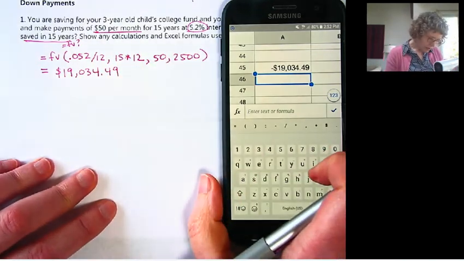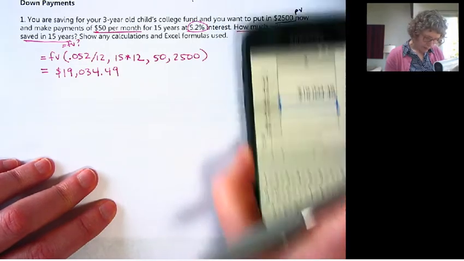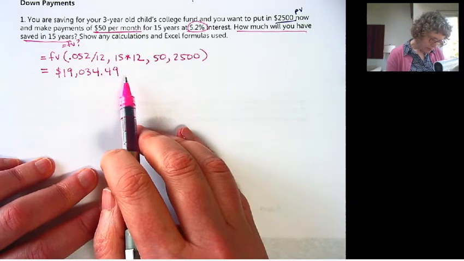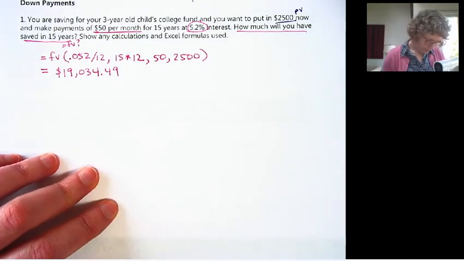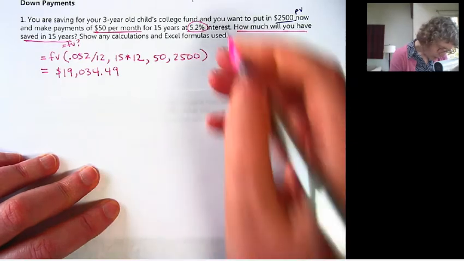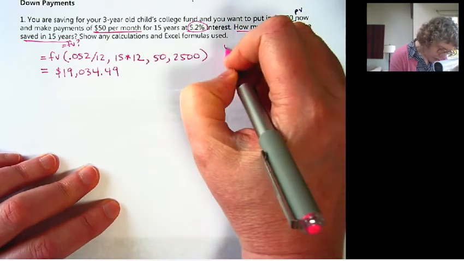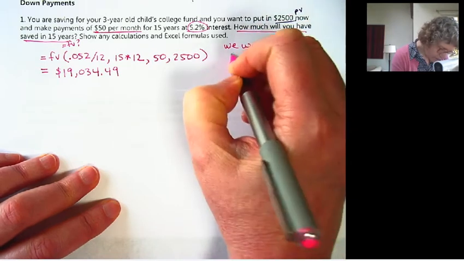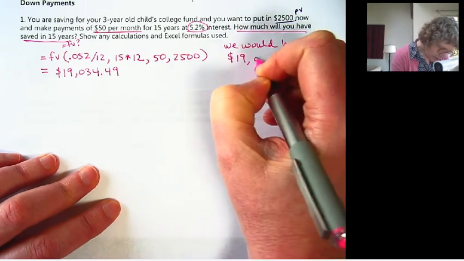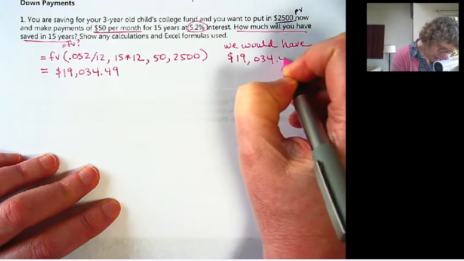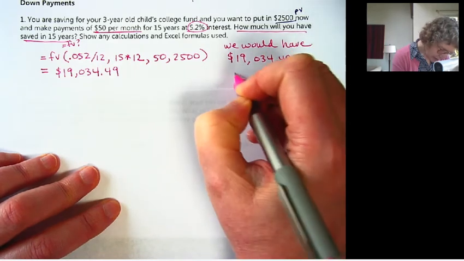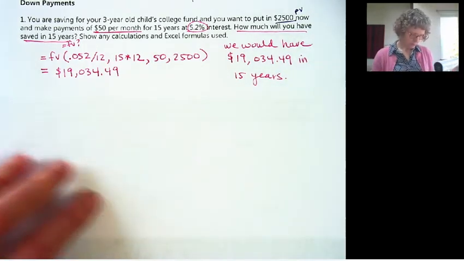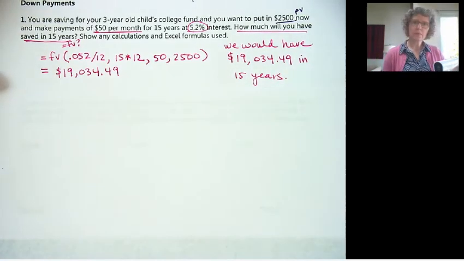So this was similar to one we did before, but here we're saving the money rather than paying off. Okay, so we would have $19,034.49 in 15 years.